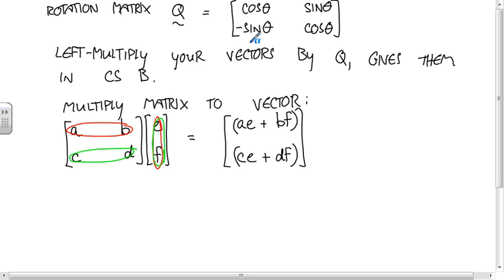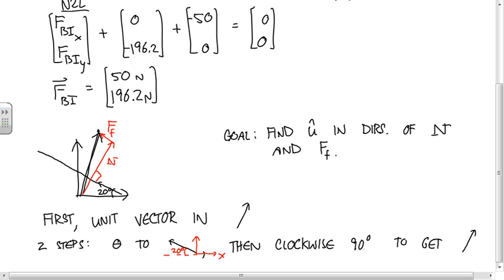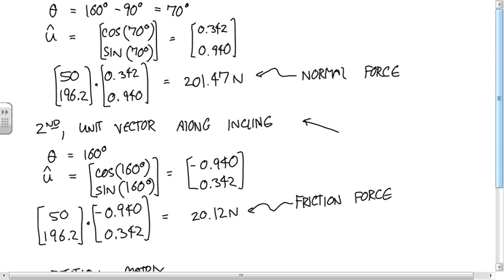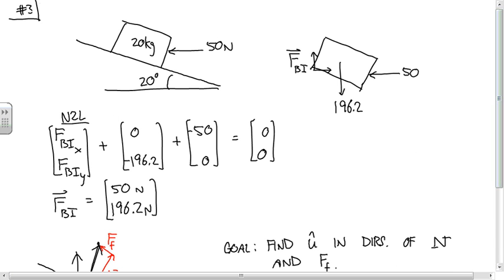Okay, so let me demonstrate this on the problem we just did. You know from physics that if we had started this problem with a coordinate system rotated like this, instead of a standard coordinate system, we would have come out naturally with our vector broken up into a normal force and a friction force.